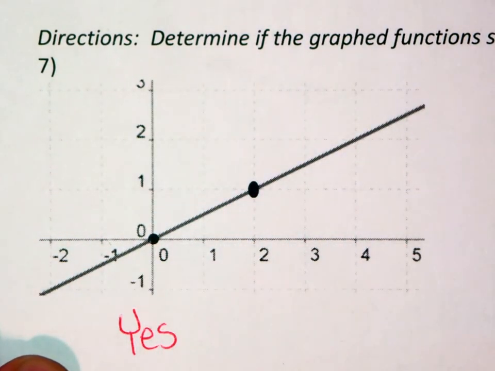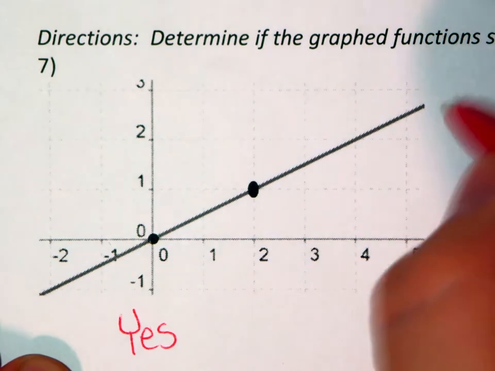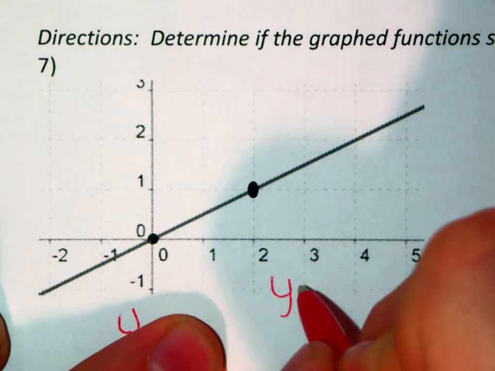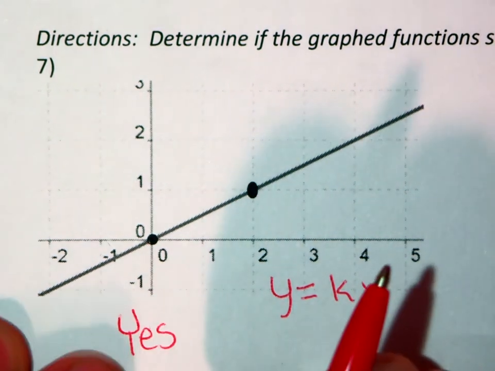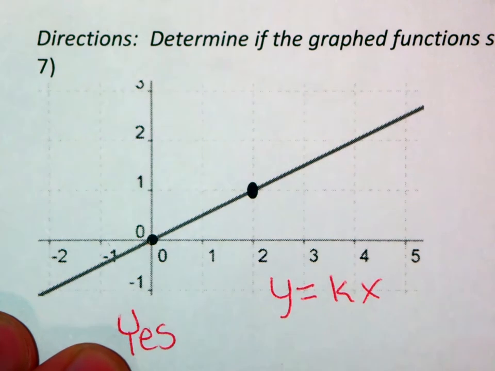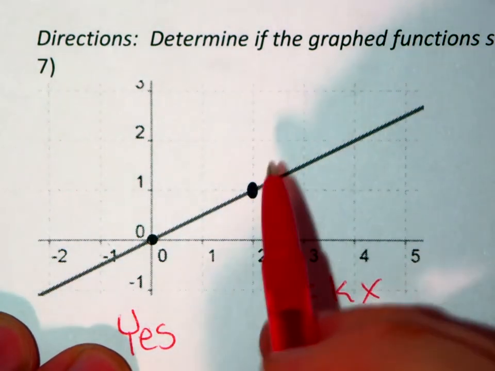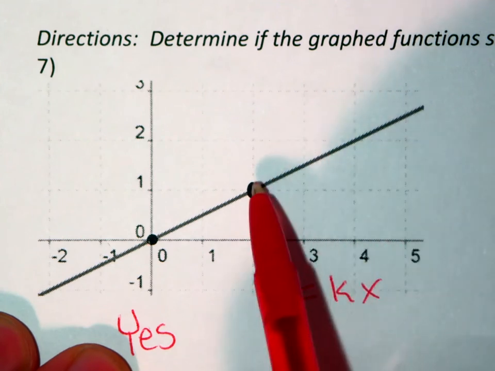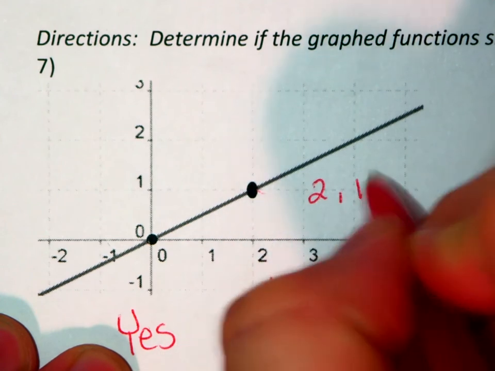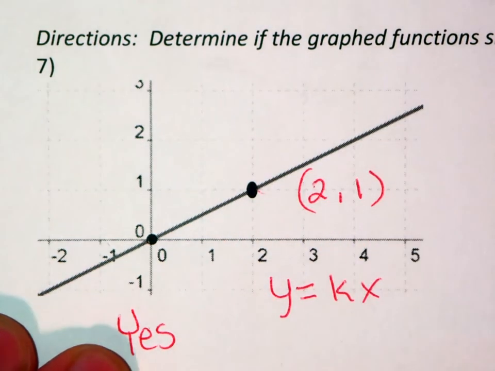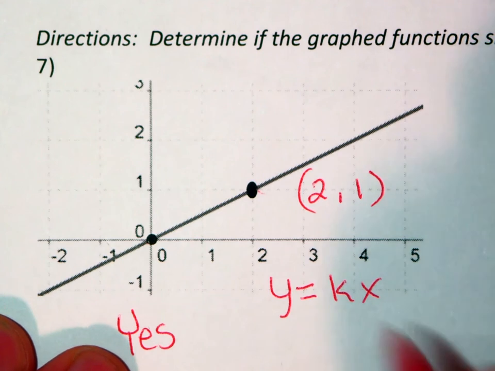Now the question also says, if so, find the equation. And so we've been working with the equation format, y equals kx. So we need to find out what our constant of proportionality is. And we talked about in class how that is k equals y over x. So I'm going to find my value of my point here, which is 2, 1. And then I'm simply going to plug it into the equation.